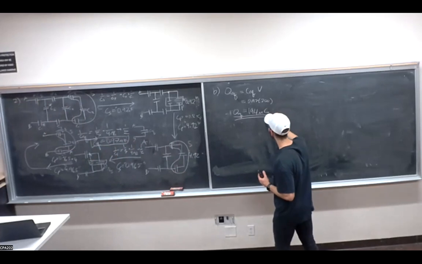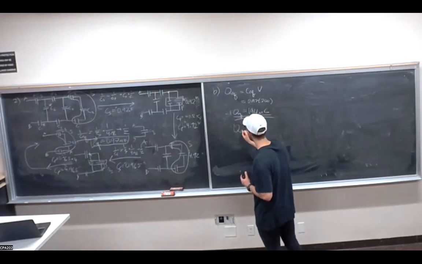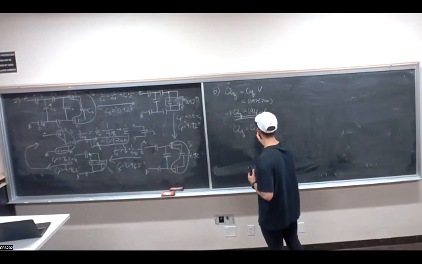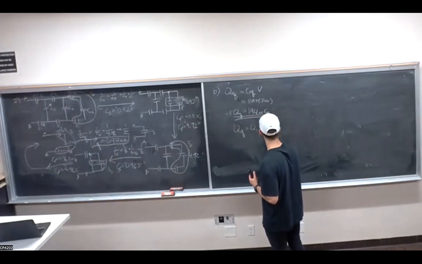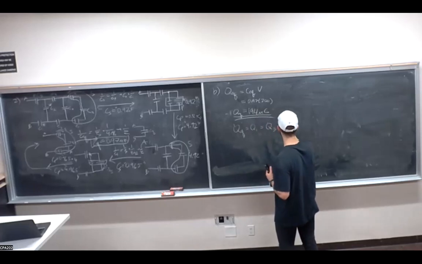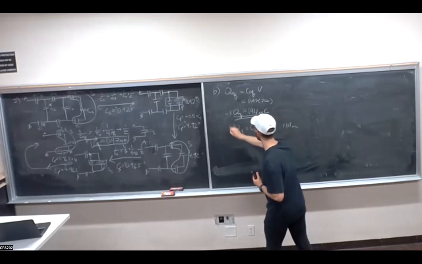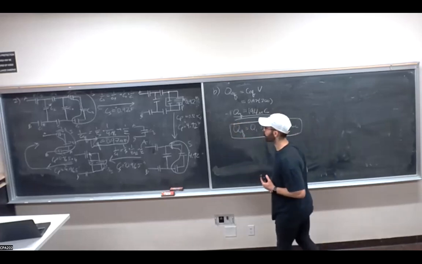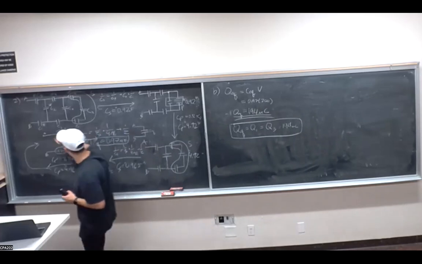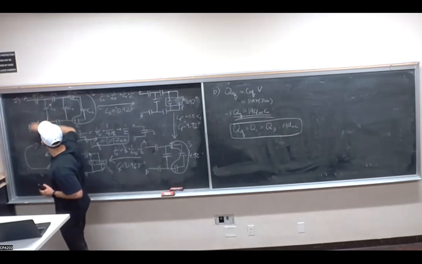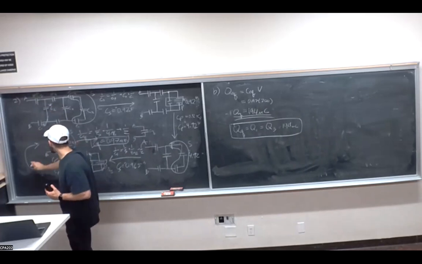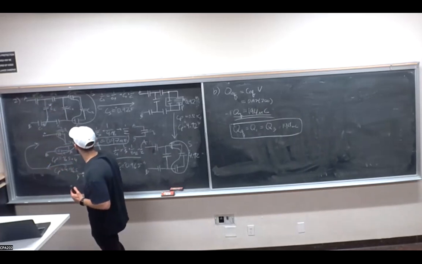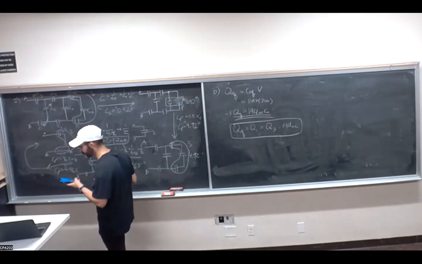So this value, QEQ, is equal to the charge at Q1, which is equal to the charge at Q3, equals 194 microcoulombs. Okay, so now which ones have we done? We did this one down here, we did this one up here. What's left is C2. So from this position, we're going to need to continue working back outwards until we can get to a point that can comment on C2.